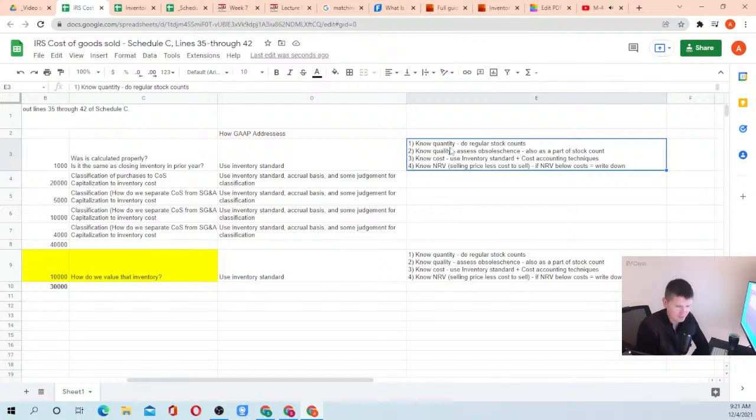So basically, the first two exercises usually do not require any accounting knowledge. It is just common sense. Maybe you will exercise some judgment when you determine the write down for obsolete or damaged inventory. Maybe you do not write them down to 0.